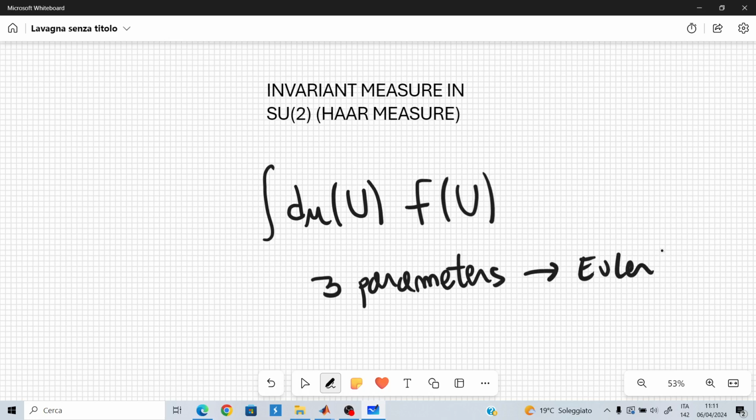The method that I will describe is actually quite general, so you can use it for other types of parameters, not just Euler angles. Now, how do we define an invariant measure so that we can properly define an integration, some way of integrating a function that depends on the group?